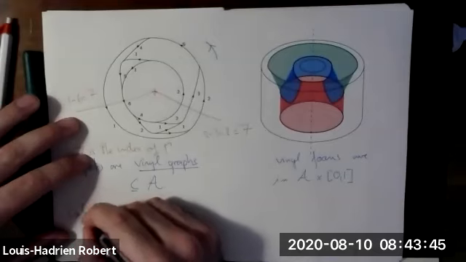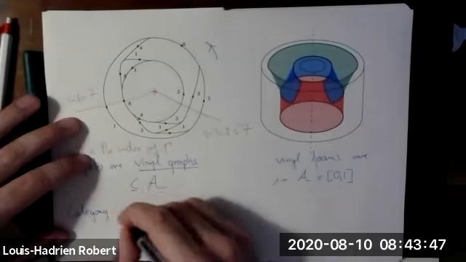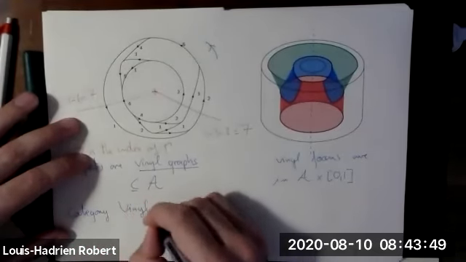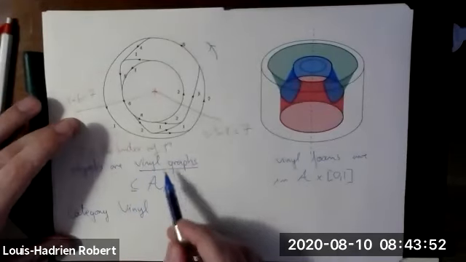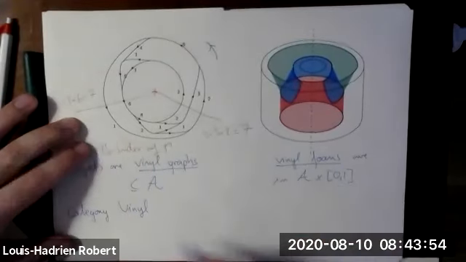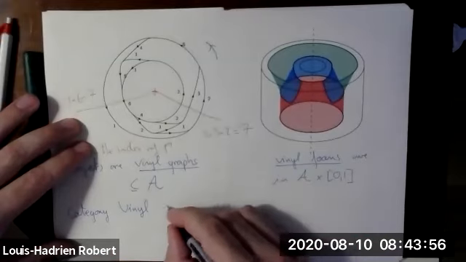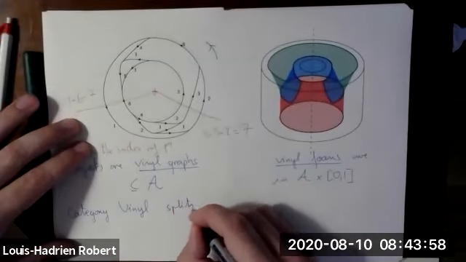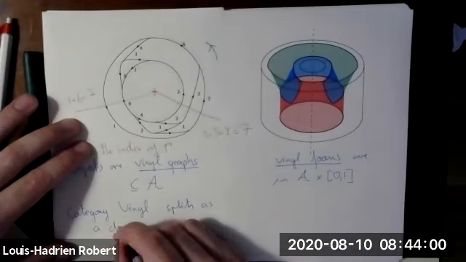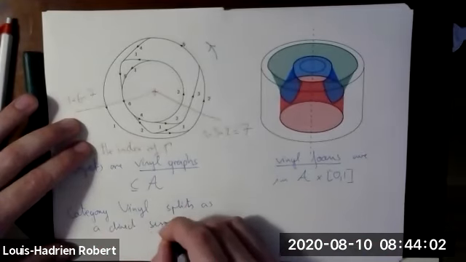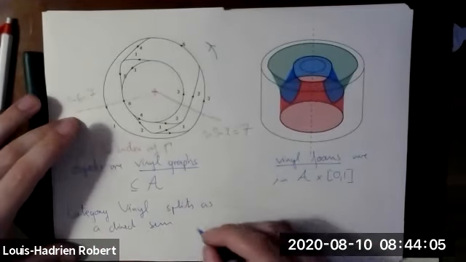Now I can define the category Vinyl. The objects are vinyl graphs and the morphisms are vinyl forms, and this category Vinyl splits as a direct sum, index by index.